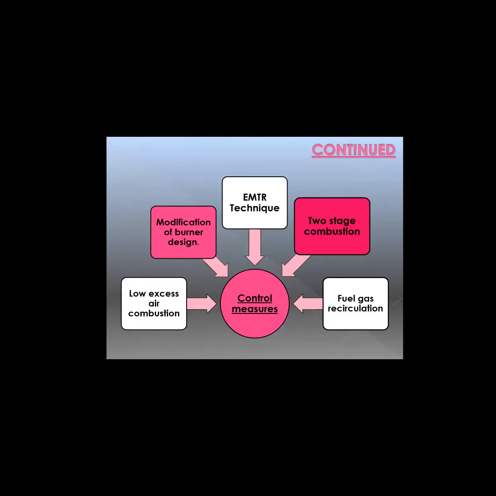So this is, my dear friends, about the control measures with respect to oxides of nitrogen. I hope you have understood this concept very well, where we first of all took into consideration the sources, the natural sources as well as the man-made sources. Then I also told you about the chief sources in terms of percentage.